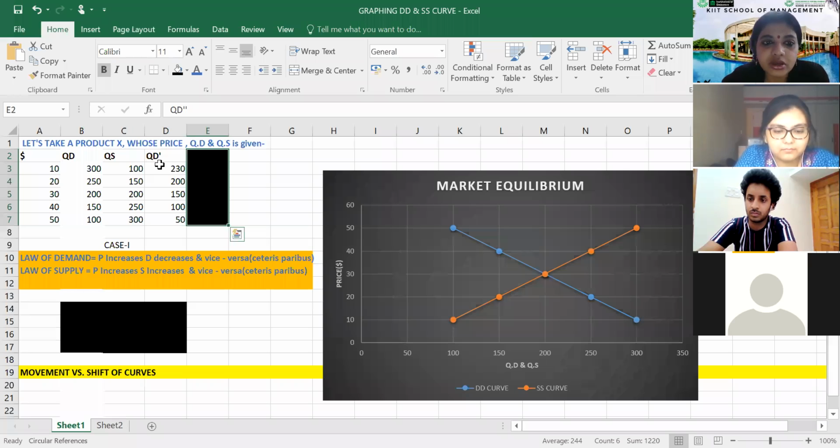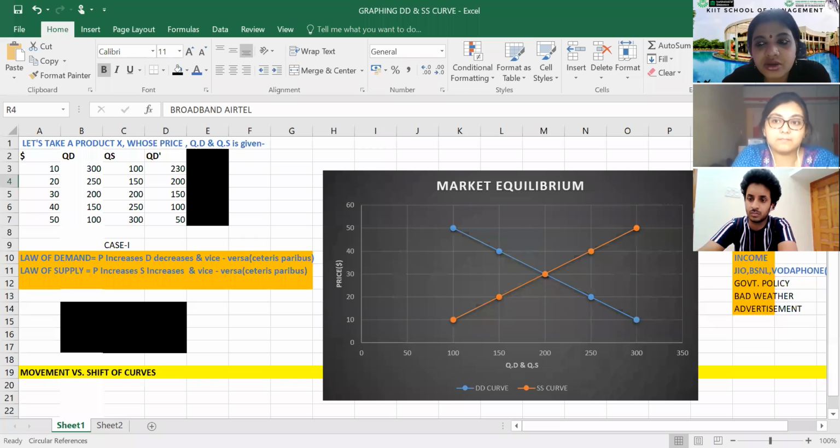So let us imagine now in this scenario for product X, there are certain factors which have pushed down the demand for product X. So here in our case, we have taken product X as broadband Airtel. As I stated, Amisha, the government will impose high tariff duties on broadband Airtel.